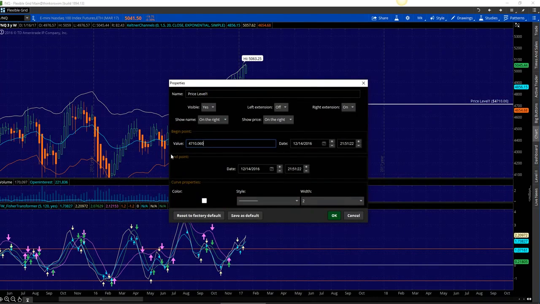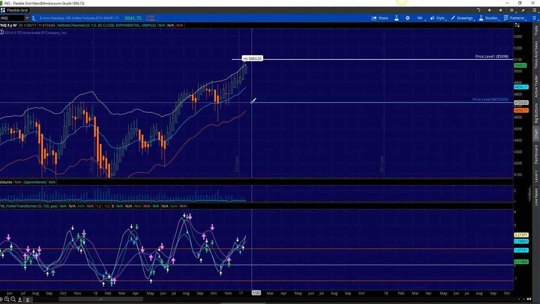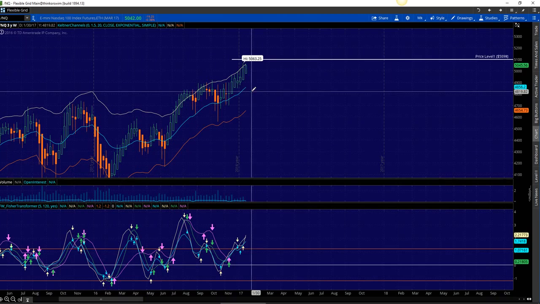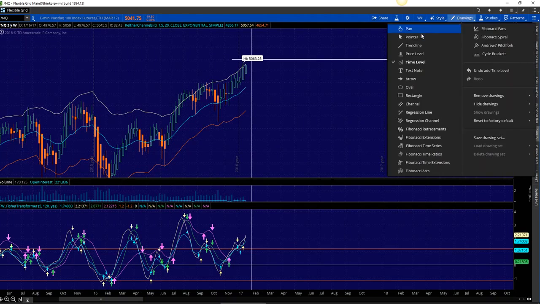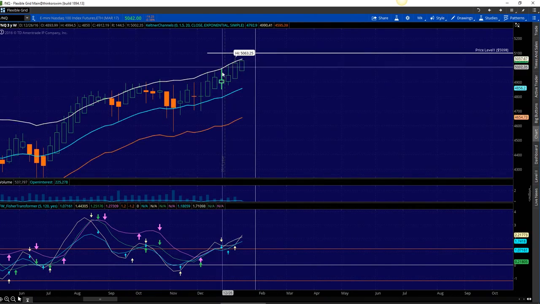Okay, so there's the line there. Now let's draw the time level, which expires on Friday, right, time level right there.